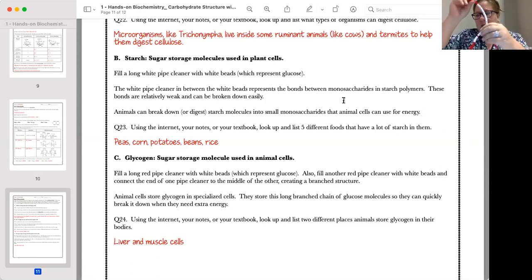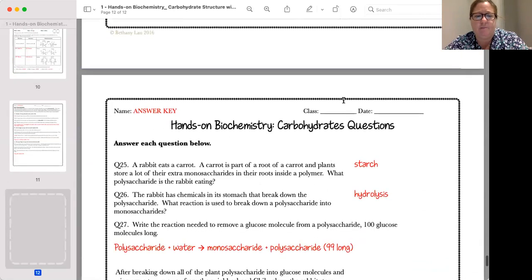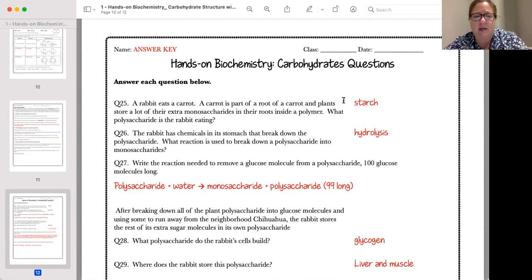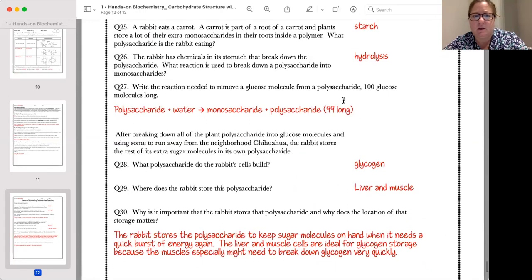Okay. Now I'd like for you to read over this last page about the rabbits and hydrolysis, which is basically the reaction that we use to break down the polysaccharide. So we use hydrolysis to break this down, to use the energy from the bonds.